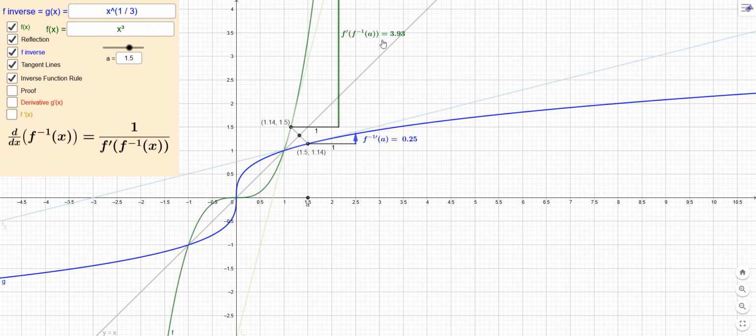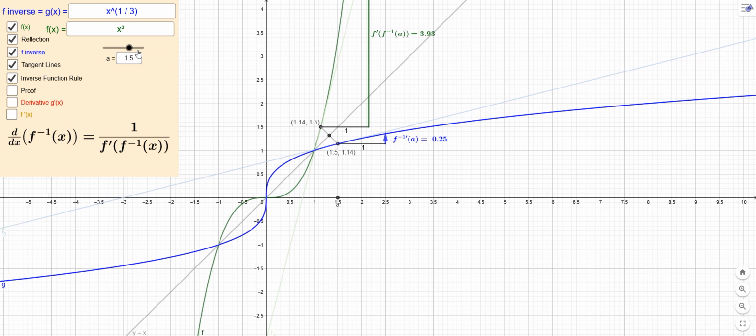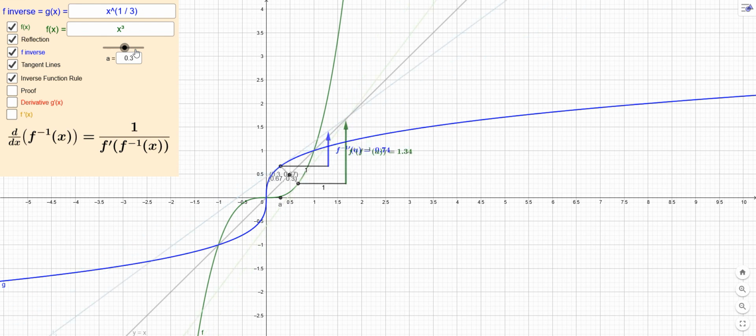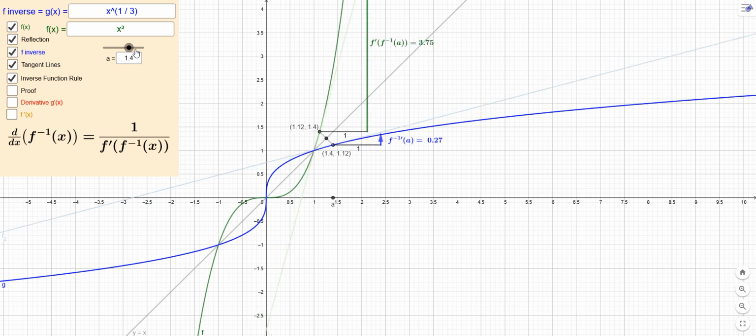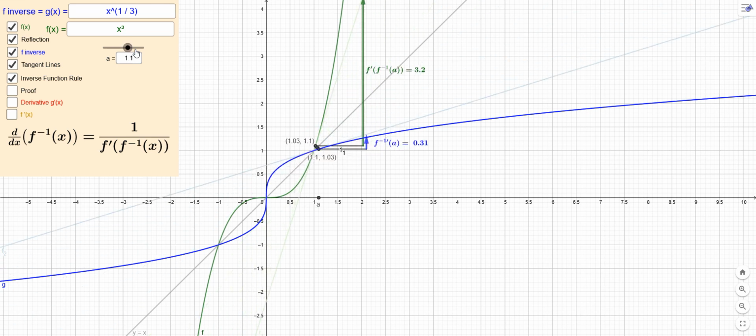That's approximately 4. And we can experiment a little bit with this to see some different values there. But we still get this same result, that these tangent lines are reflections of each other over that line. And so we still see the inverse function rule work.